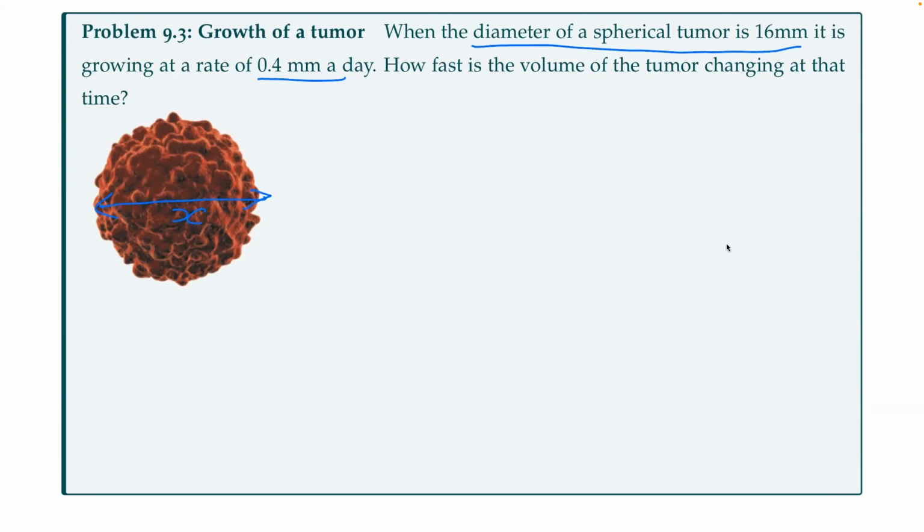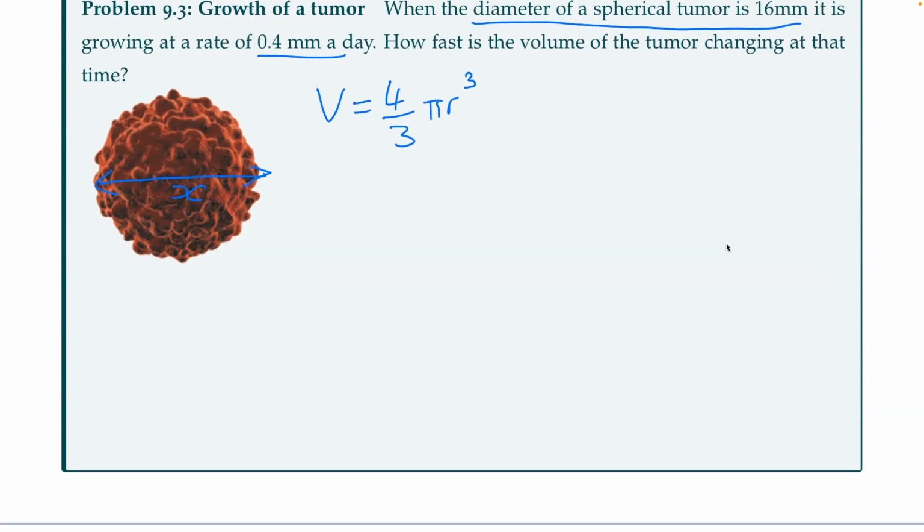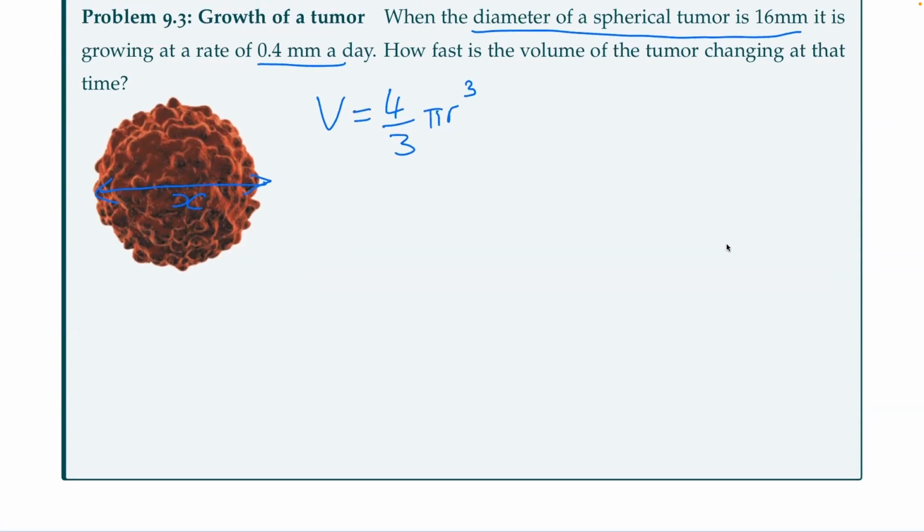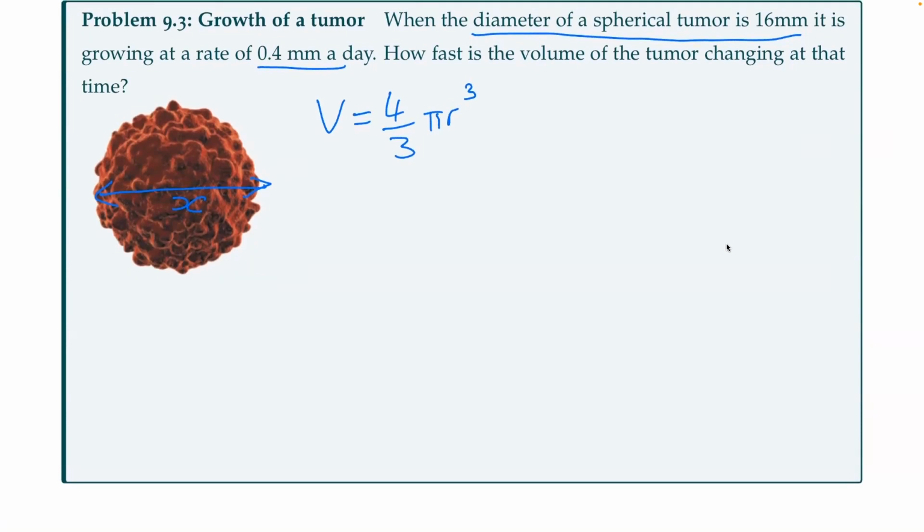So this is a spherical tumor. We know that our volume is 4/3 pi r cubed. But we're not given the radius. So r is the radius here. We're given the diameter. So we need to do a little bit of manipulation here. So 4/3 pi r cubed is the same as 4/3 pi (x over 2) cubed. Why x over 2? Because x was the diameter.